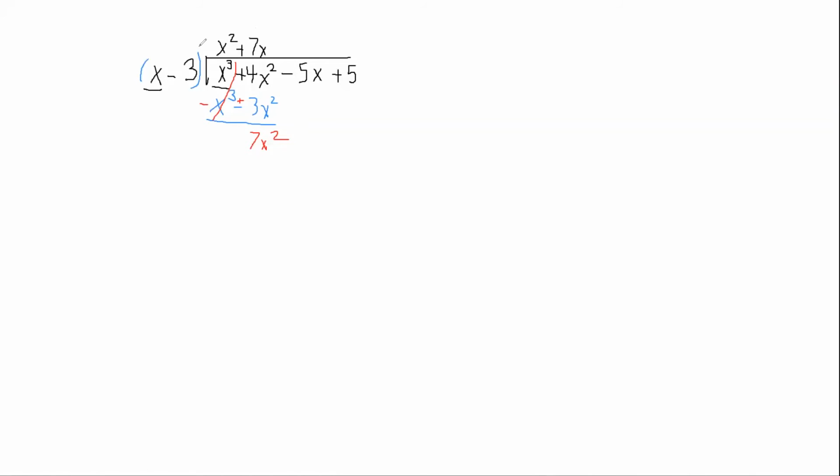And then we multiply the whole thing again. So 7 times x, we get 7x squared. 7x times 3. So 7 times 3 is 21. We carry over the x. All right. Now we drag down negative 5x here.